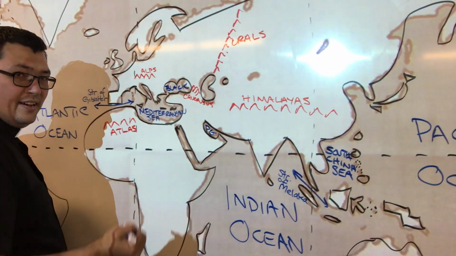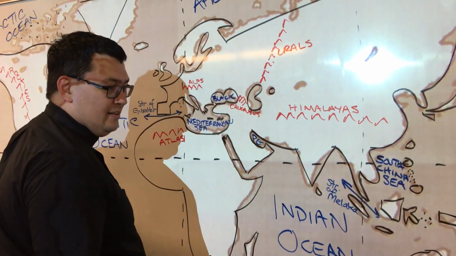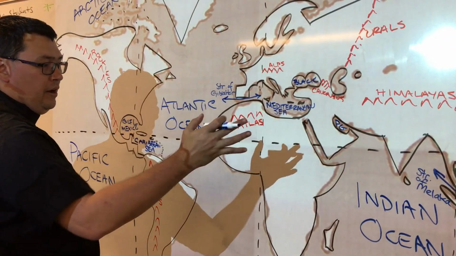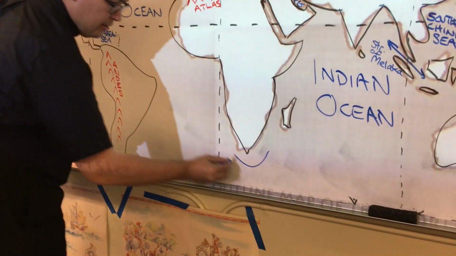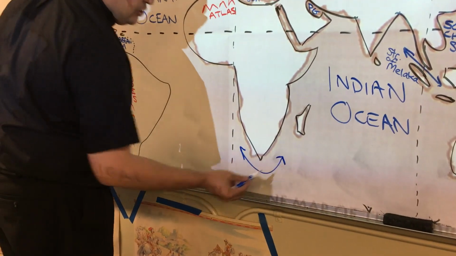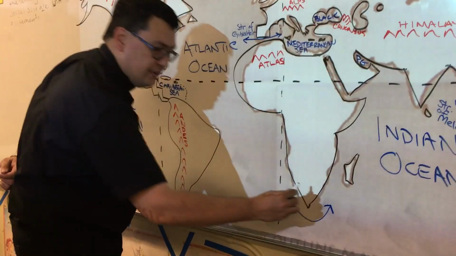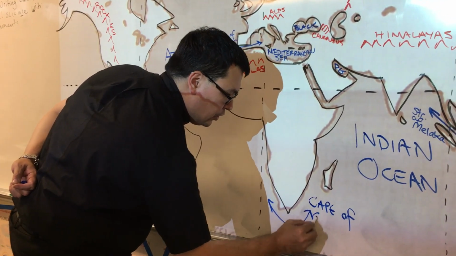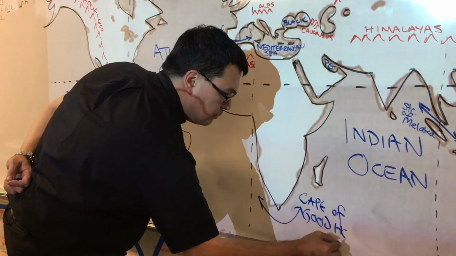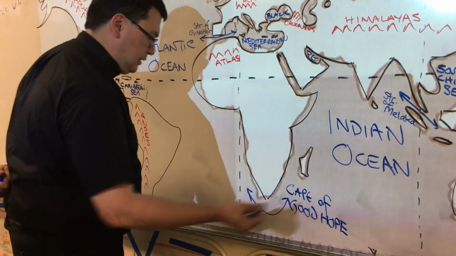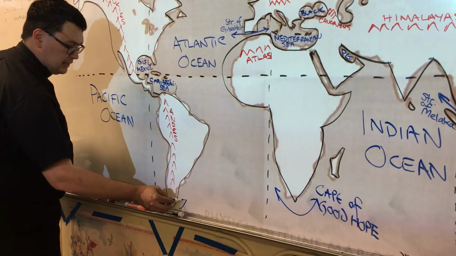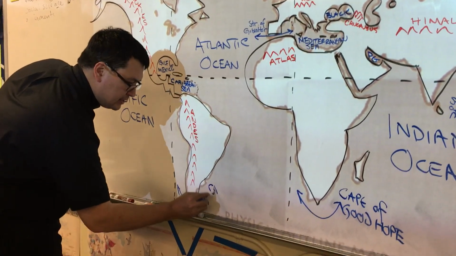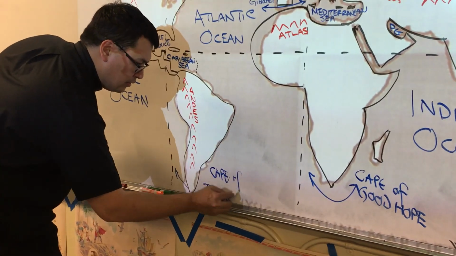Straits of Malacca, they hook India into Asia. So, we have our bodies of water, we have two capes. Like Superman, we don't have one cape, we have two. The first is south of Africa, and this is the Cape of Good Hope. The second cape goes around the south end of South America, and this is the Cape of Magellan.